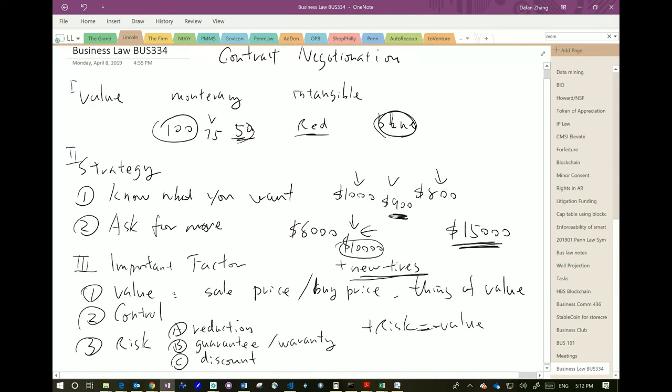The higher the risk, the lower the value. If you compare two identical cars side by side, one has a higher mileage and a higher risk, and that's why that car should have less value. So the price will be lower. So if you can get a reduction, which is obviously ideal, and you can't get a guarantee, you can go for a discount.